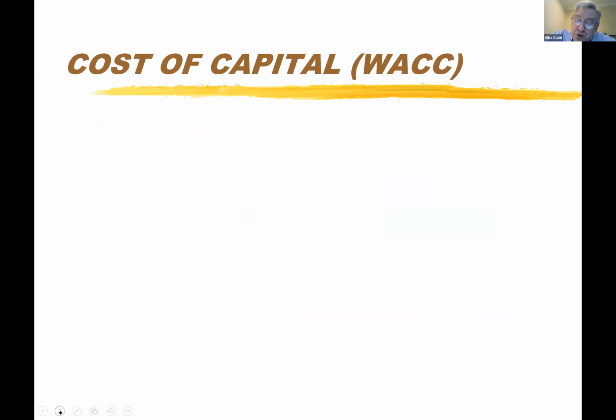The cost of capital, the WACC, remember from the last chapter, that acronym represents weighted average cost of capital. Companies will get their money from multiple sources, like long-term debt and retained earnings. And the weights will reflect how much they're getting from each source.